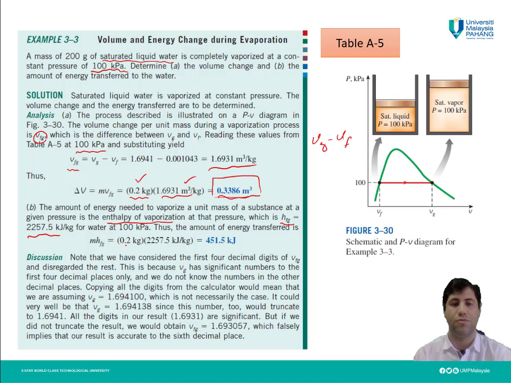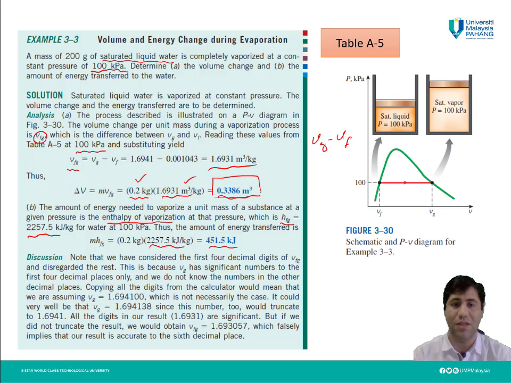So 0.2 kilogram times this value, 2257.5 kilojoule per kilogram, will give us the energy which is transferred to the water, or the energy which is required to have this phase change process. So you can see again, simply by using this table A5, we can calculate the changes in the properties as well during the phase change process from liquid to vapor.